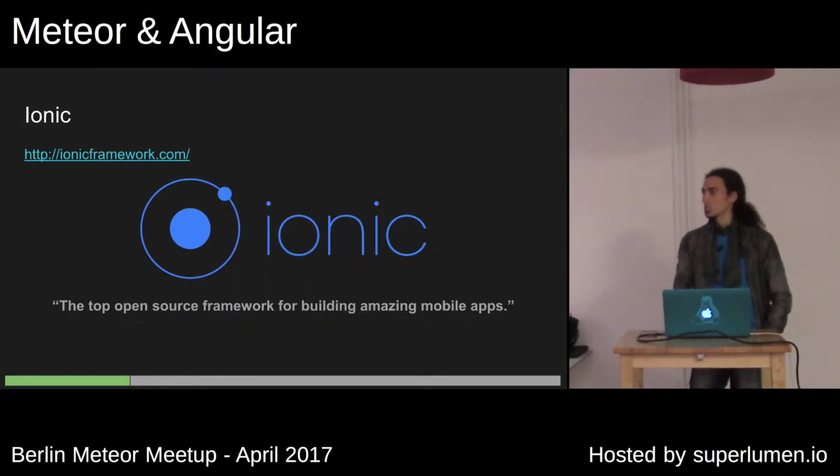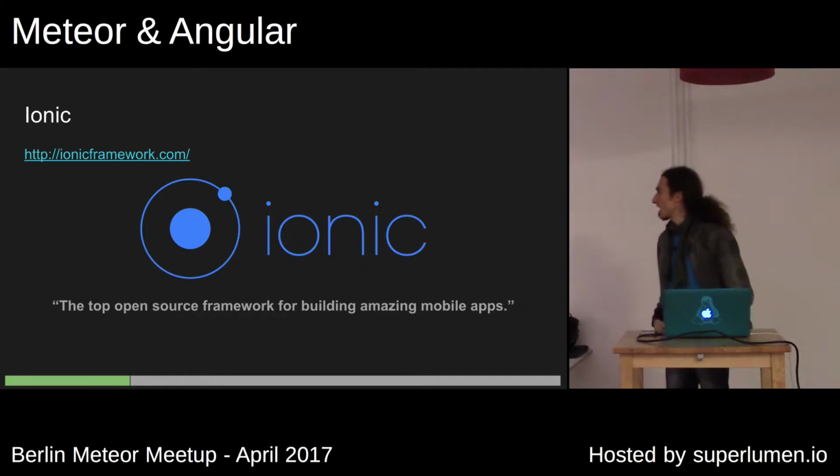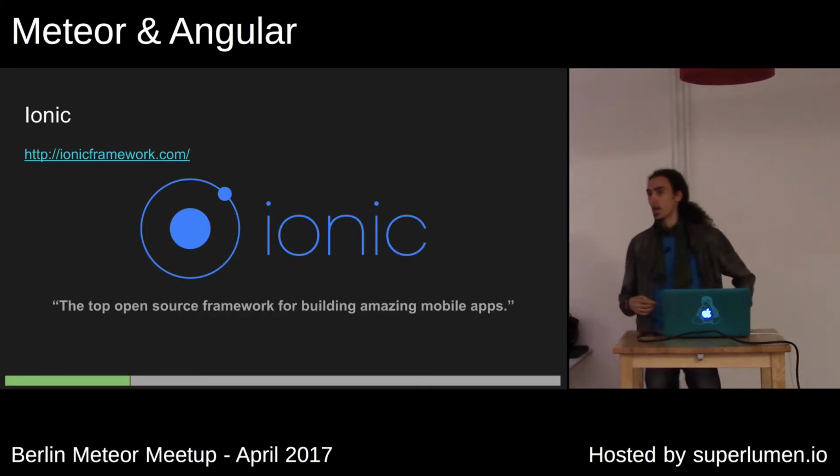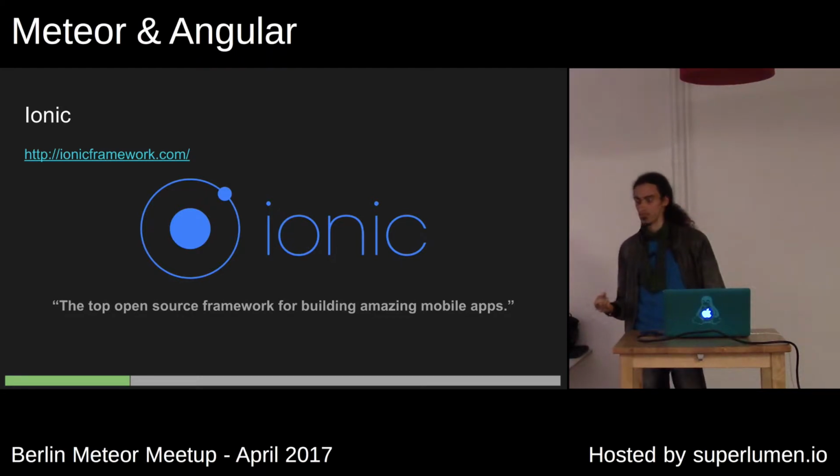Okay, so next up, Ionic. Ionic themselves say the top open source framework for building amazing mobile apps. And it says mobile apps, but they have turned their focus to actually be mobile, desktop, web, so cross devices.